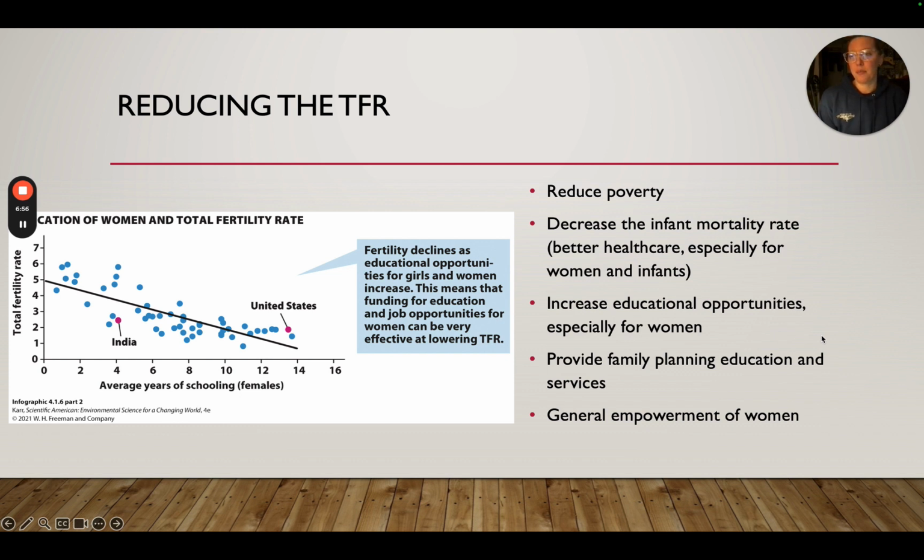Last thing here for this particular portion is I want us to also consider reducing the TFR again. So reducing poverty will reduce the TFR, huge. And decreasing the infant mortality rate, meaning better healthcare, especially for women and infants. Childbirth is very stressful on a female body, on a person's body, and a lot of people died before we had healthcare, right?